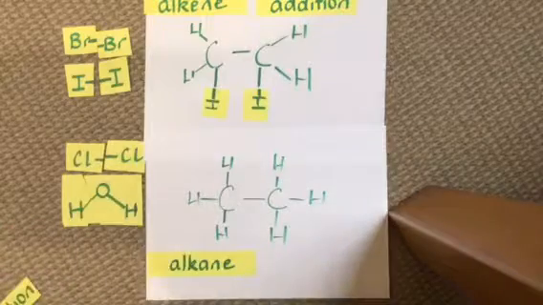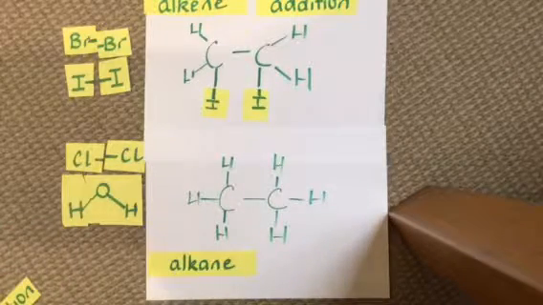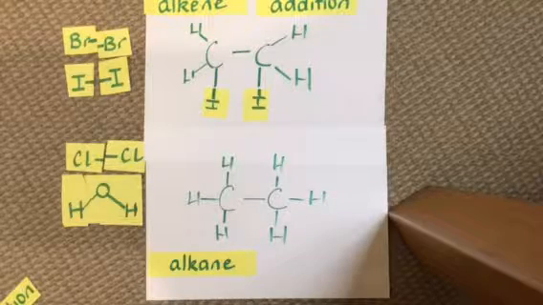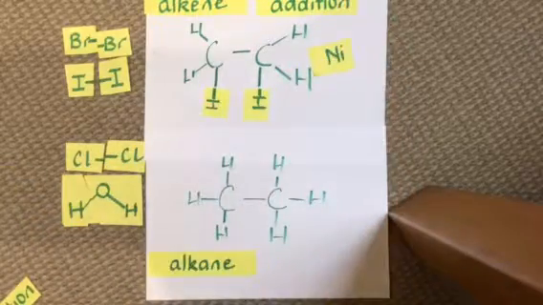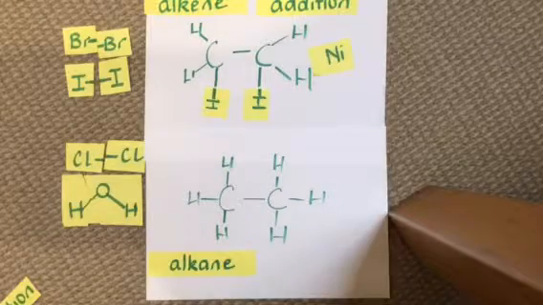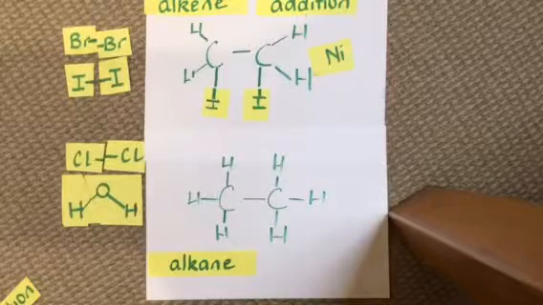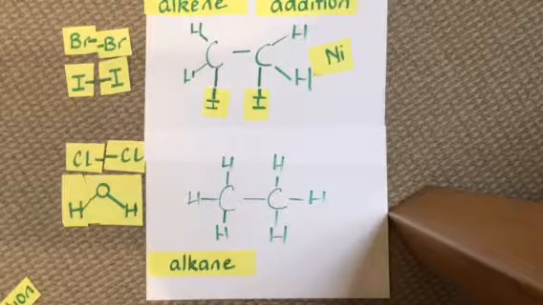In this case, ethene would be converted to ethane, but this one needs a catalyst. To add hydrogen across, you need to add a metal like nickel or palladium or platinum. If you look at the position of nickel, palladium and platinum, they're underneath each other in the same group in the transition metals of the periodic table.